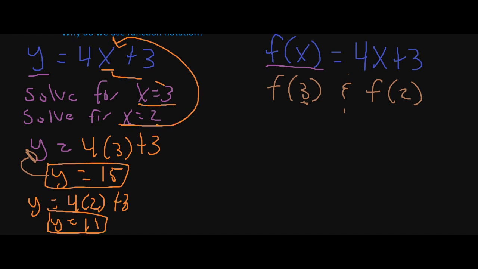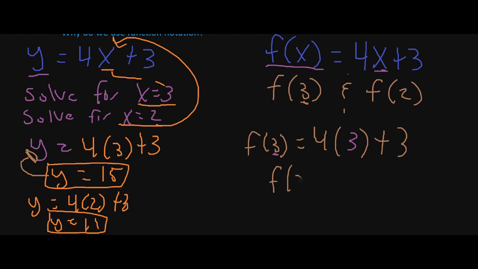This is our input. So if we go ahead and start solving this, we're going to get f of 3 equals, this is what we're going to plug into our function up here. We're going to plug in 3 wherever we see the x. So it's 4 times 3 plus 3.